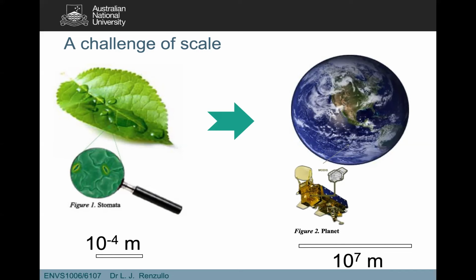And when you try to encapsulate these processes in the form of models describing the physics, you'll find that what might work at the cellular level, the leaf level, doesn't translate when you try to apply it to the whole globe. Similarly, what you apply to the whole globe, for the sake of being applicable to the widest variety of conditions, doesn't necessarily reproduce what we see at the macro level. So there is a challenge to bridge that scale.